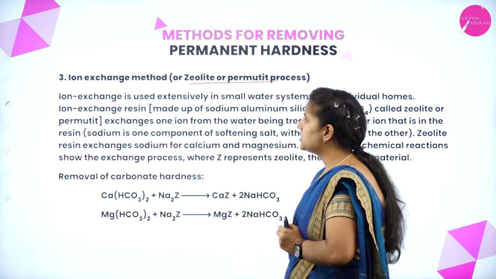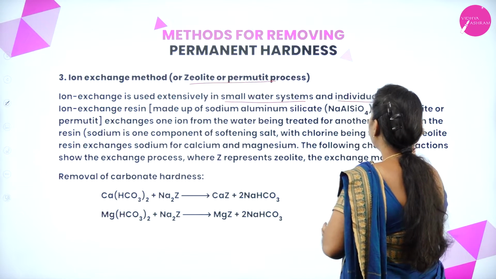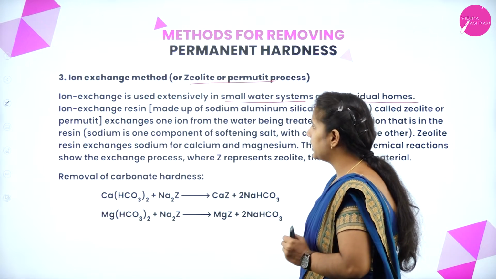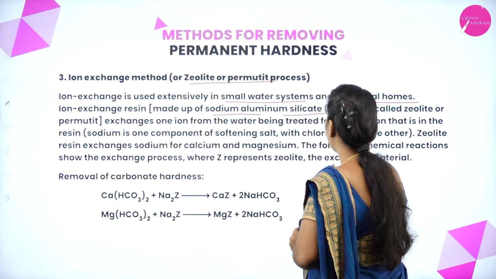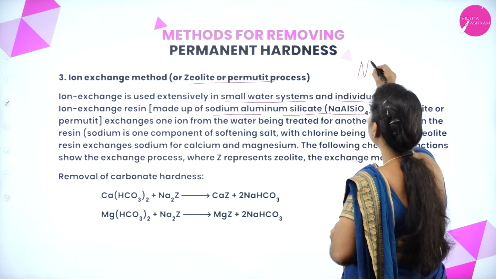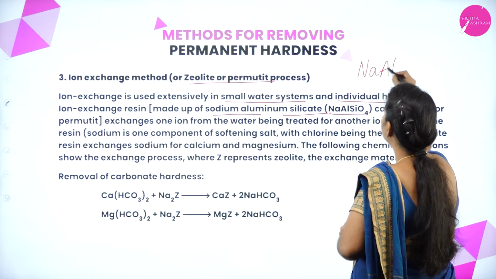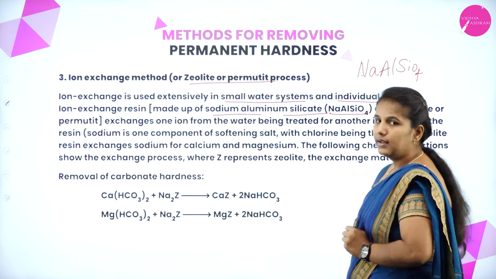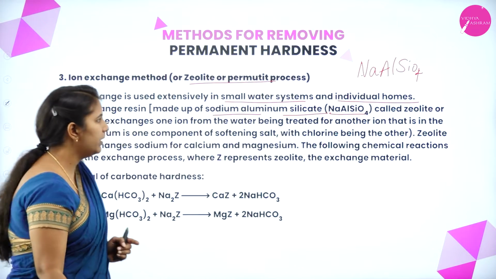The ion exchange is used extensively in small water systems and individual homes. The ion exchange resin is made up of sodium aluminium silicate. So the resin itself will be made up of sodium aluminium silicate.